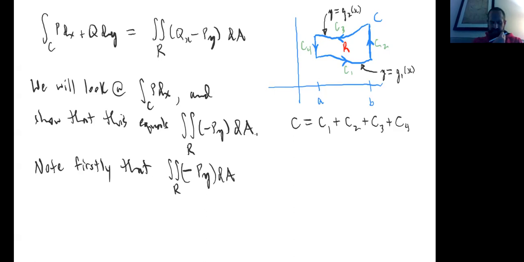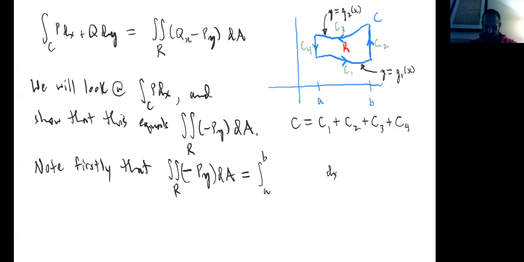What is this equal to? If I'm going to double integrate over R, given the way that we've drawn this region, it looks like I should let x go between the numbers A and B, don't you see? So it's going to be the integral from A to B dx.